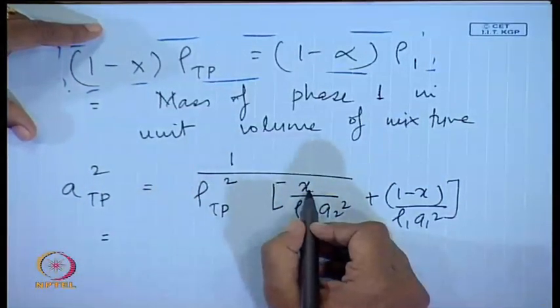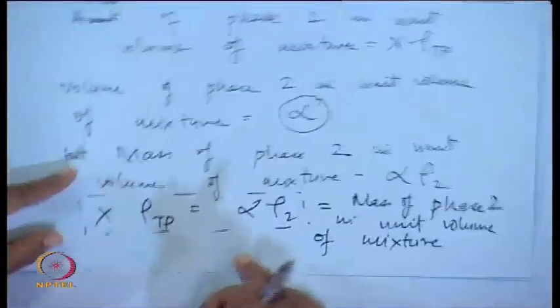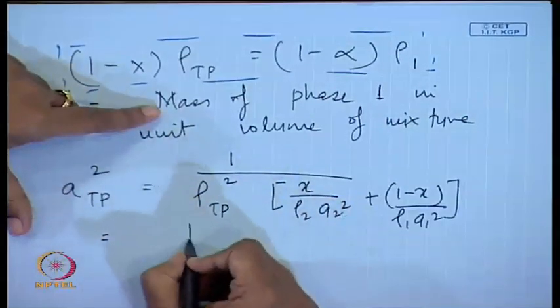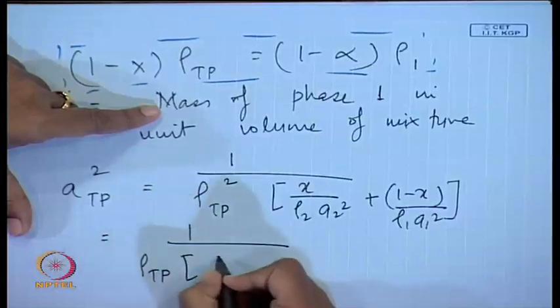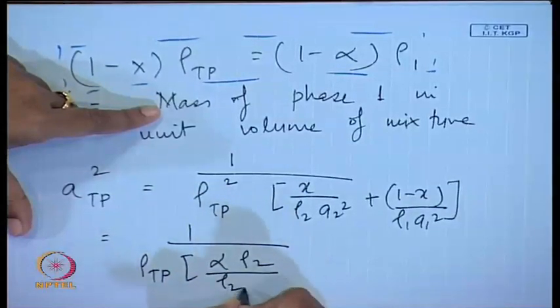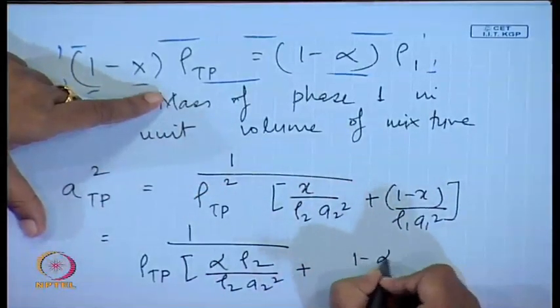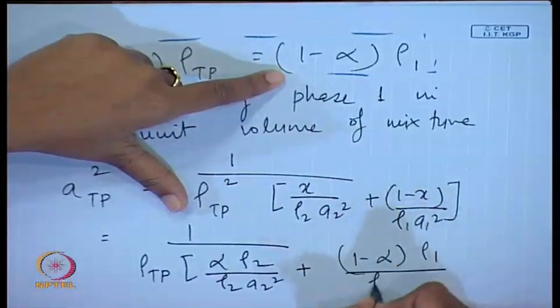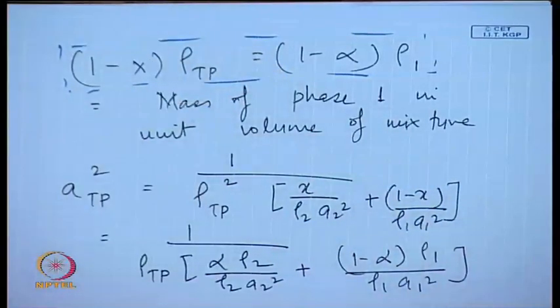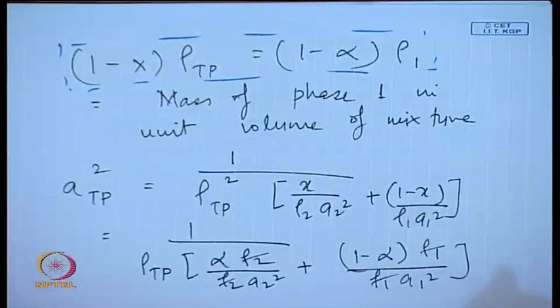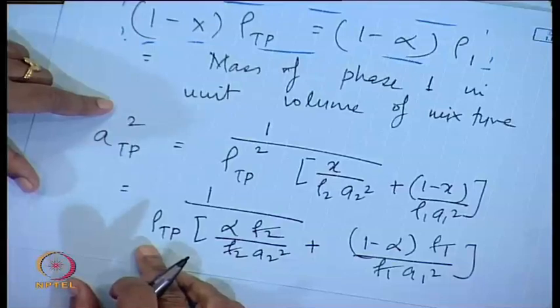Rho Tp into x, and that is nothing but equal to alpha into rho 2, fine. So, I take one rho Tp inside and then I get 1 by rho Tp, alpha rho 2 A2 square. Again, instead of (1 minus x) rho Tp, I can write (1 minus alpha) rho 1 by rho 1 A1 square. Can I do this? Yes. So, these cancel out and I can simply write this rho Tp as alpha rho 2 plus (1 minus alpha) rho 1.